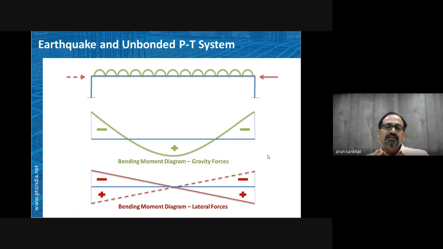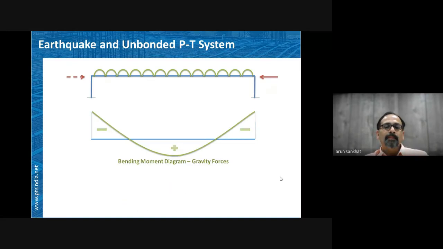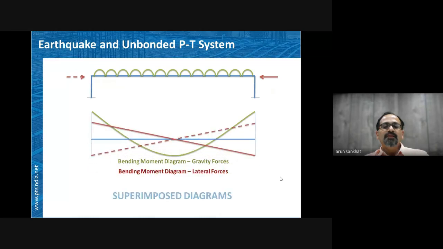Say in the reversal case, we have an action from the other direction also. So we'll have an envelope of the lateral forces and the generation of the bending moment due to the lateral forces like this. Now we are superimposing those with the gravity forces: bending moment due to gravity forces plus bending moment due to lateral forces. So this is how everything is superimposed.